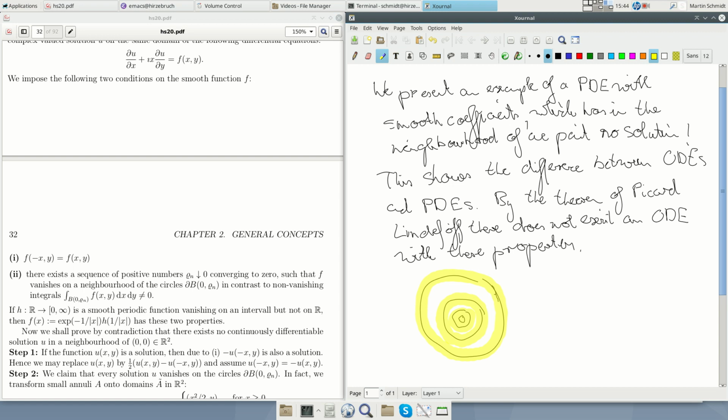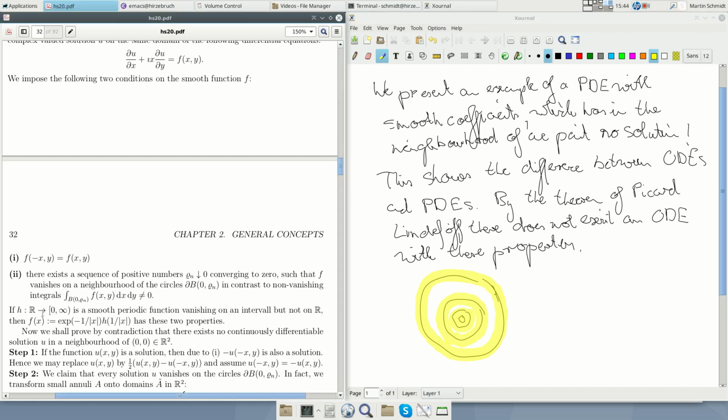Okay, now how is it clear that there exists such a function? Let us first explain that there always exists such a function.